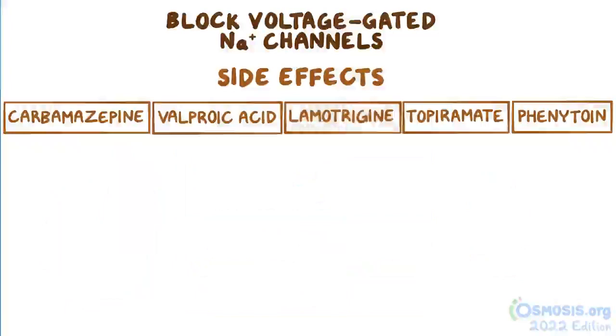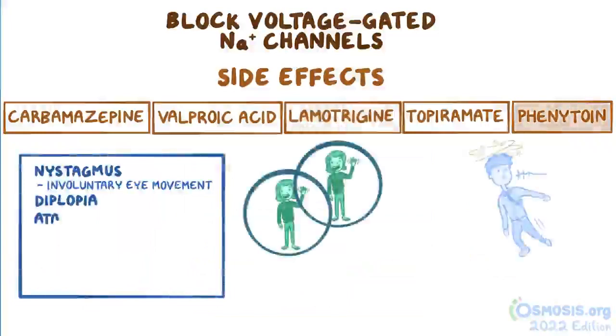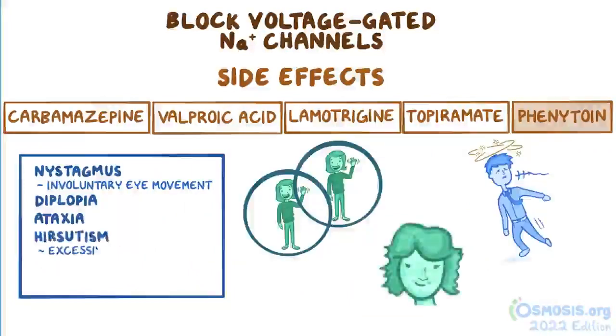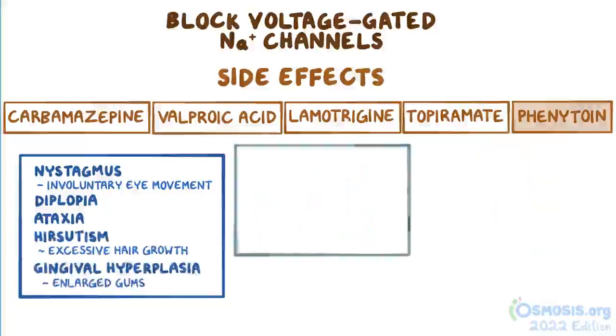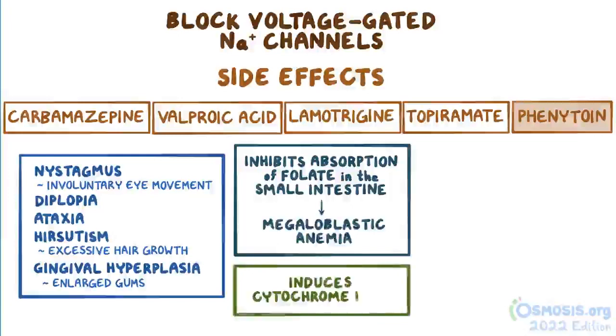Now, side effects of phenytoin include visual disturbances like nystagmus, or involuntary eye movement, diplopia, ataxia, hirsutism, or excessive hair growth, and gingival hyperplasia, or enlarged gums. Phenytoin also inhibits the absorption of folate in the small intestine, and so it can lead to megaloblastic anemia. In addition, phenytoin induces cytochrome P450 just like carbamazepine.